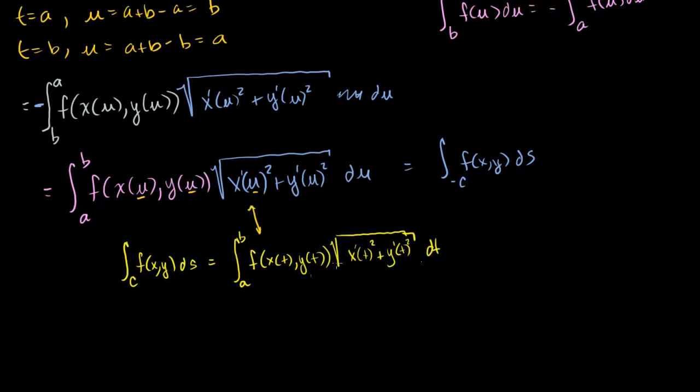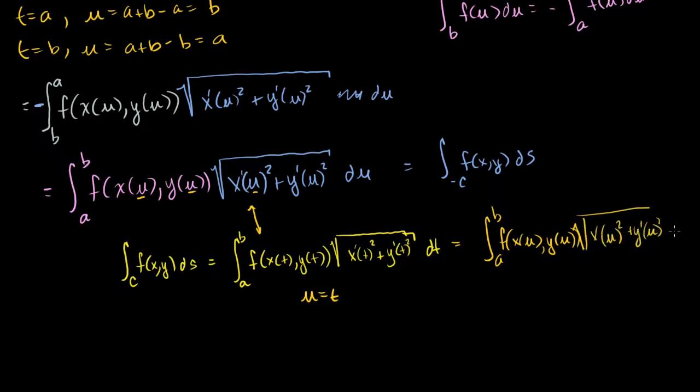If you make the substitution u is equal to t, this thing is going to be the integral from a to b of f of x of u, y of u, times the square root of x prime of u squared plus y prime of u squared du. These two things are identical. So we did all this substitution, but we got the exact same integrals.